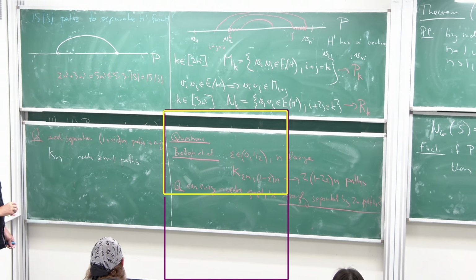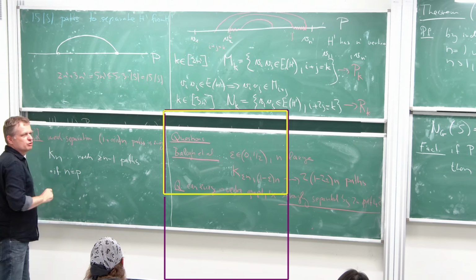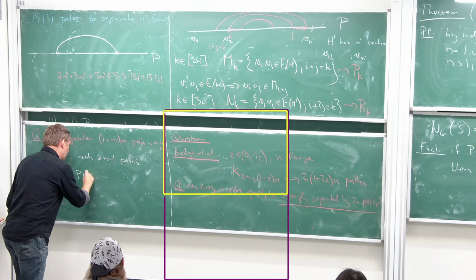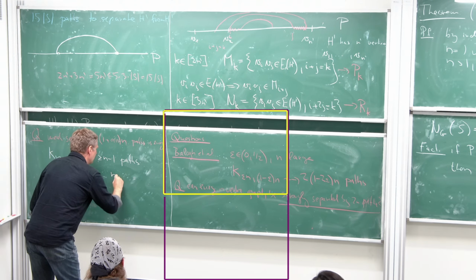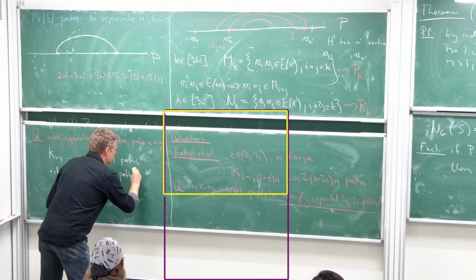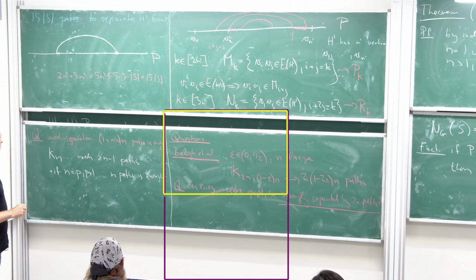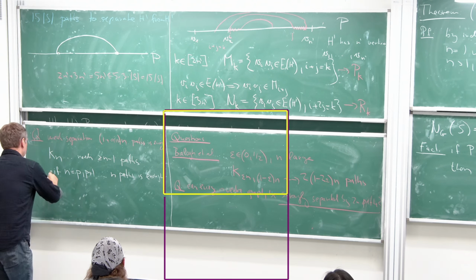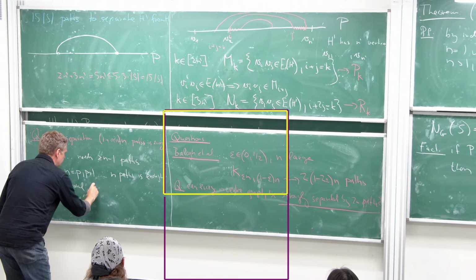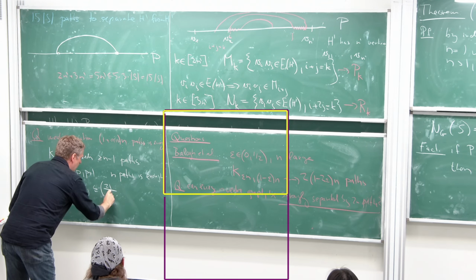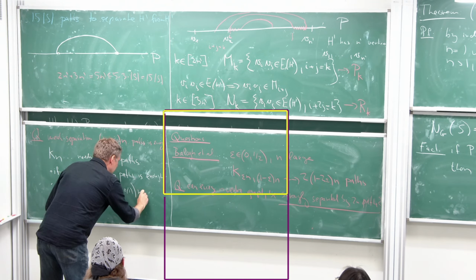Now, if n is prime or prime plus 1, then we know that n paths are enough. But in general, even for the complete graph, the best upper bound is (21/16 plus little o(1)) times n.